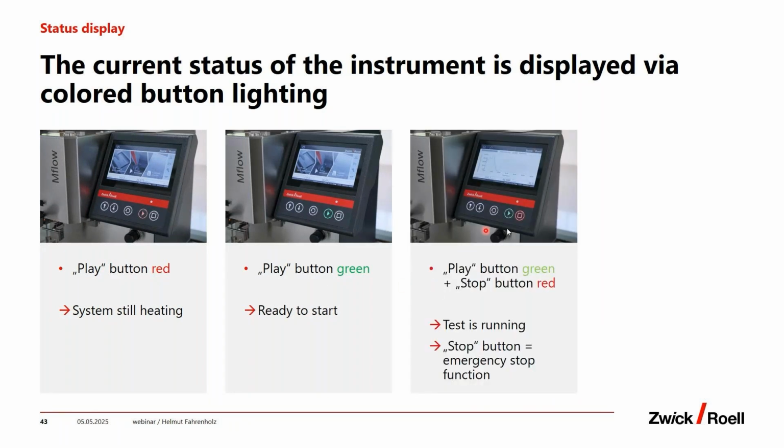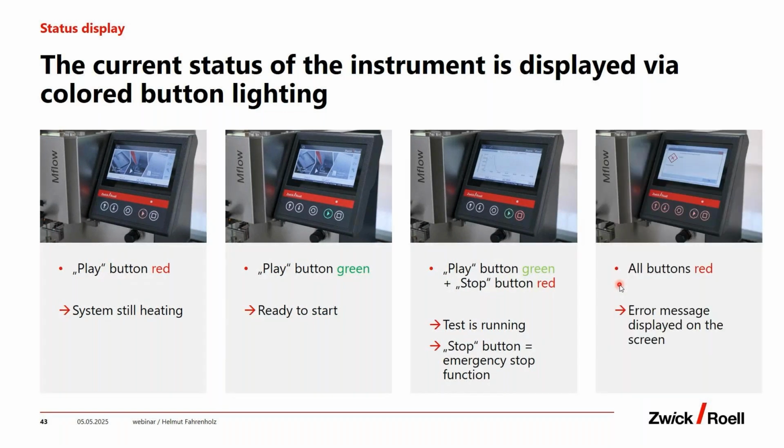If the play button is green and the stop button is red, it means we are in the test and the test is running. And by the way, here you see such a graphic during the test. And last but not least, if all buttons are red, then something is wrong, and you will probably see an error message here on the display that tells you what is the source of the problem the machine identified.